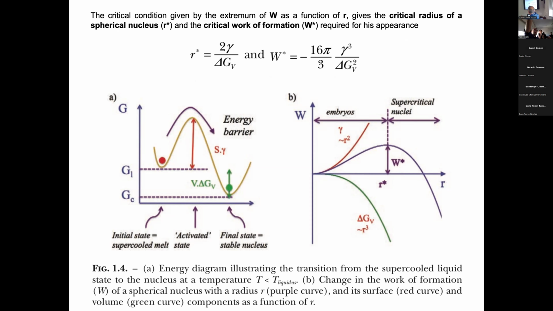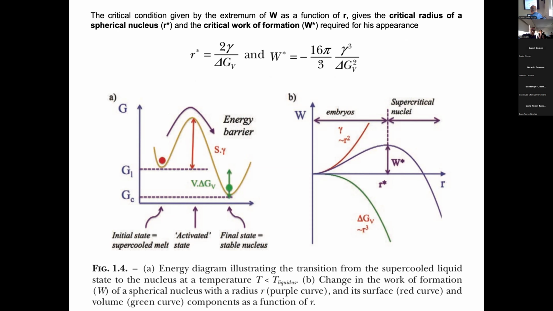If we increase this delta GV, the critical radius will be reduced. So what does it mean in terms of undercooling? The radius of the nucleus will be reduced. Therefore, you have to have less energy, less work, to stabilize the nucleus.